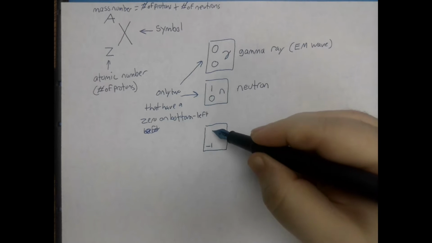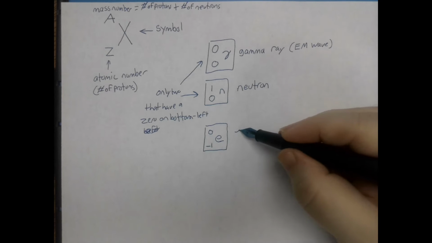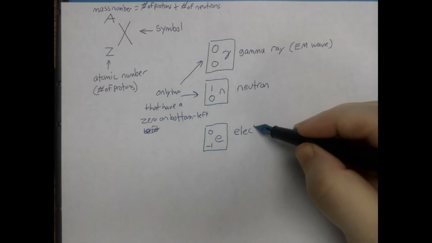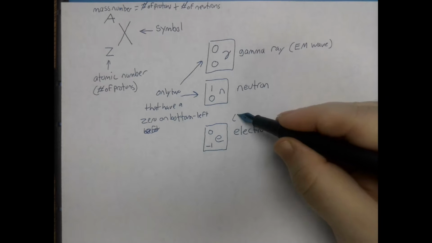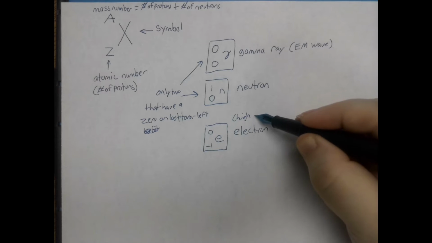We get a -1 and a 0, E. This is an electron. This is technically a high energy electron.